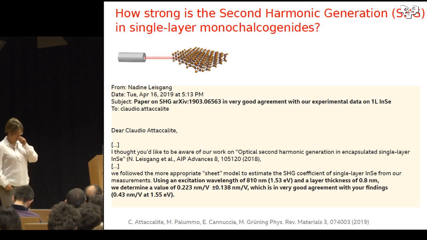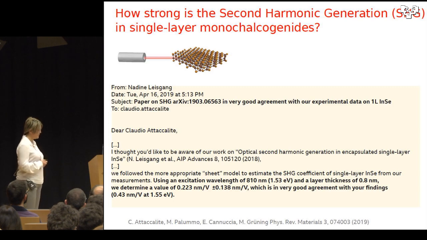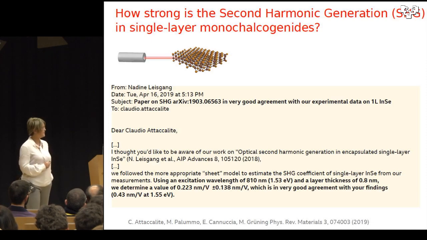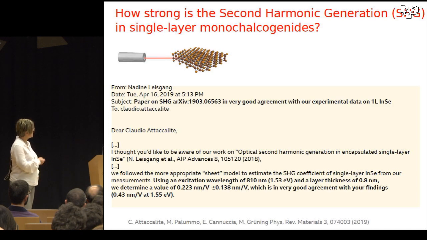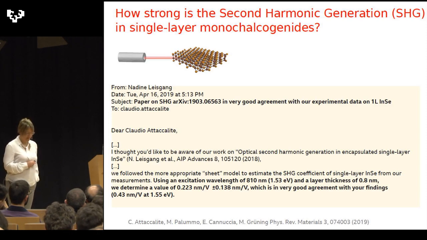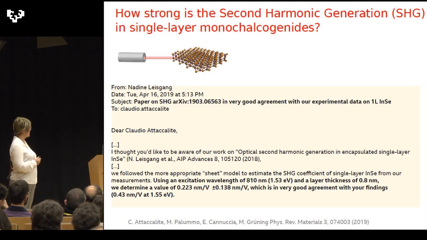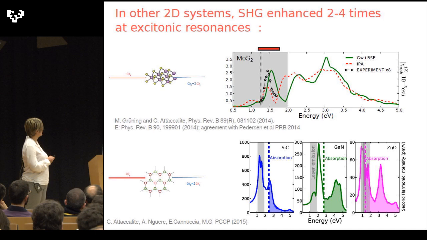And in fact, after we submitted this article to arXiv, Claudio received an email pointing out a paper that was published while we were doing our calculations on, I think, indium selenide, and this experimental work used a sheet on a substrate model, and indeed they get a value which is in good agreement with what we have calculated.